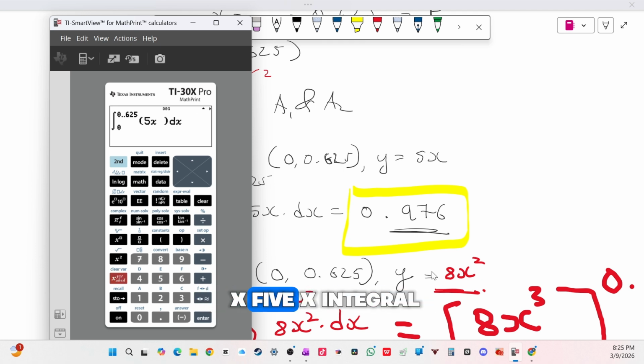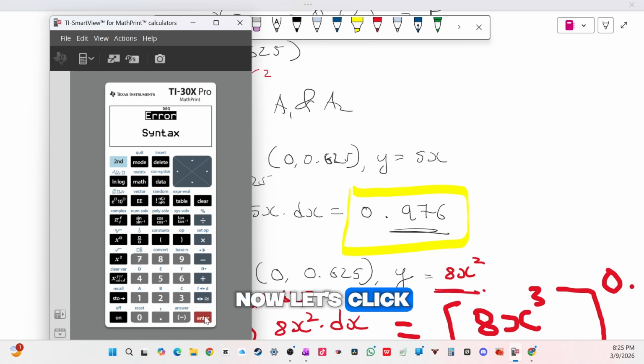Actually you have to put 5x, integral 5x dx. So technically it is supposed to be y dx, which becomes 5x dx basically. So it is showing right only. You don't have to put any third variable. This is fine. Now let's click.